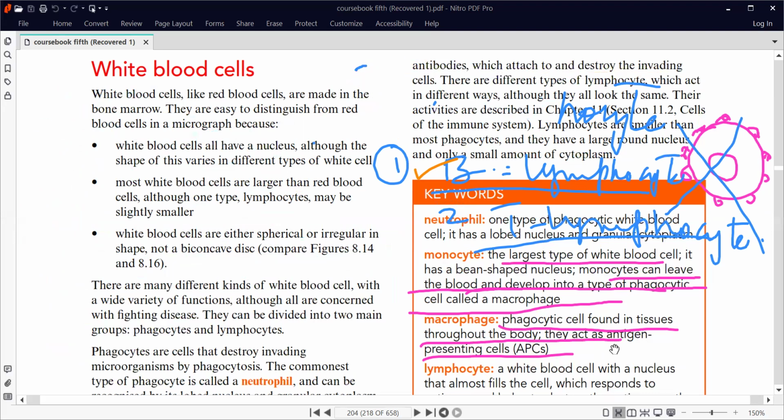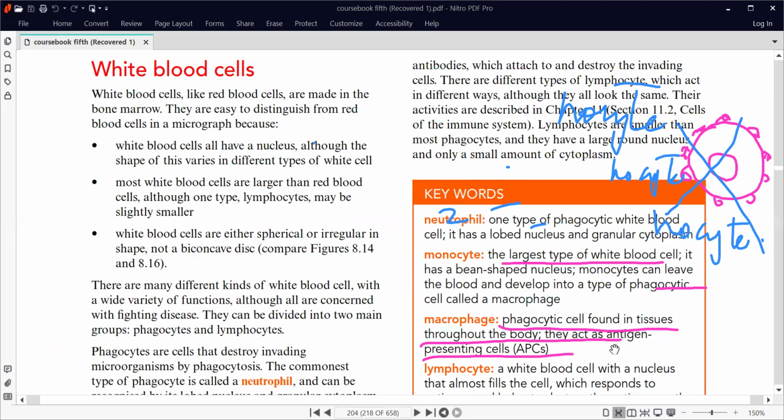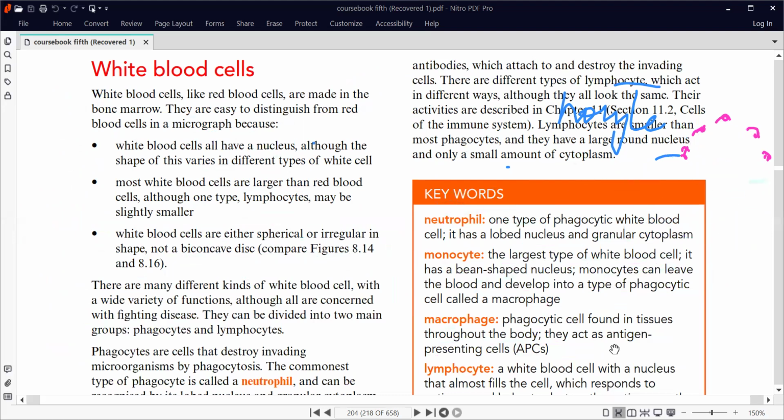I have told you previously a mnemonic to remember their concentration and their ratio in the blood. What is this mnemonic? Never let monkeys eat bananas.